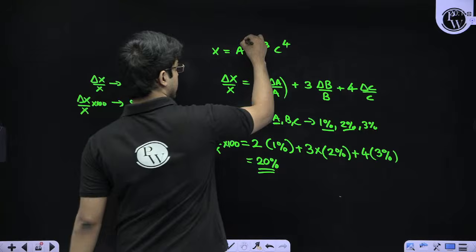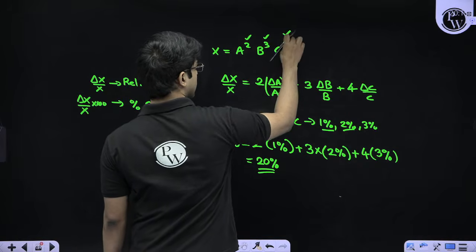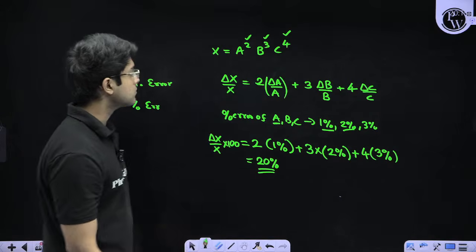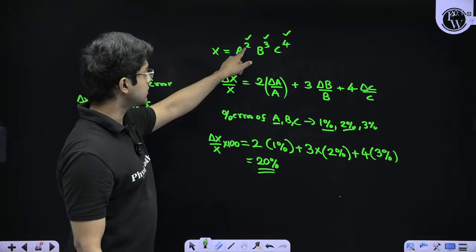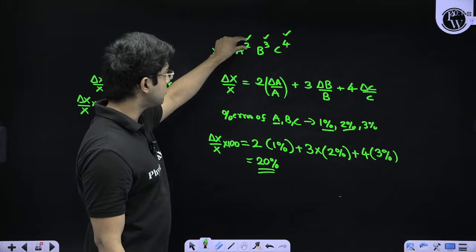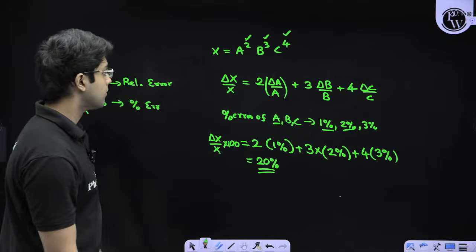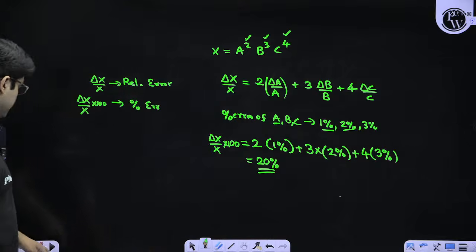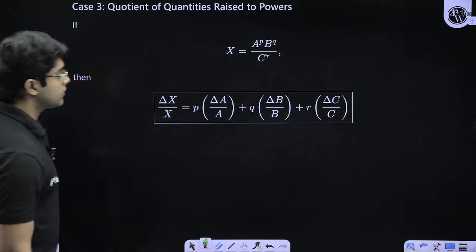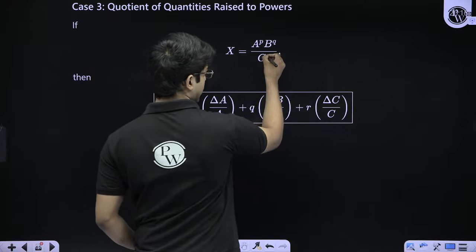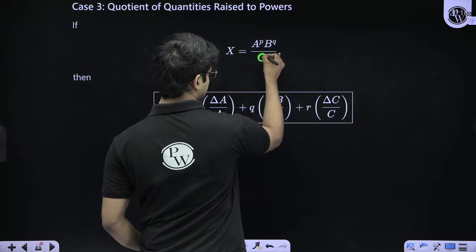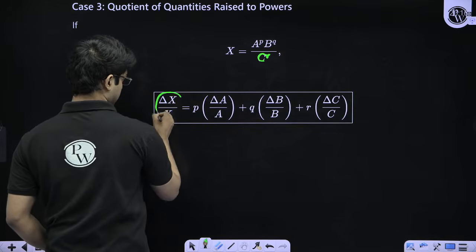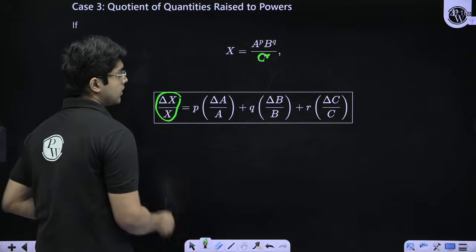When you have a square, b cube, c4, the powers, put them in front of the relative error. Okay. This is true even if they are fractions, like this can also be a raised to half, then also this is how you do it. Now there is a slight modification. We put one term in the denominator, but there is no difference. While calculating the percentage error or the relative error, there is no difference.